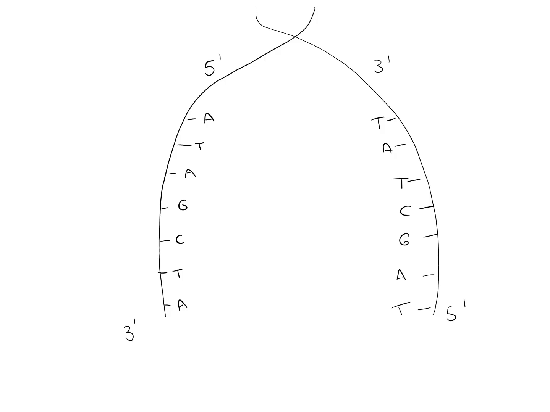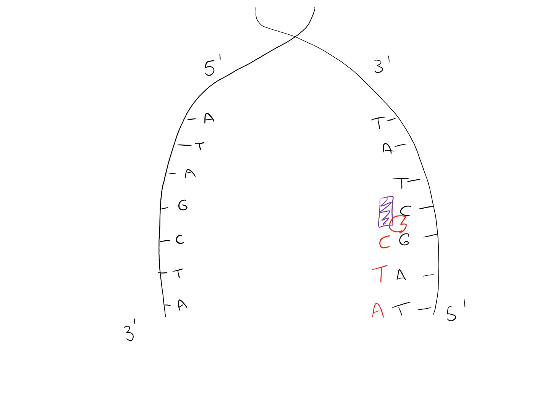We still start off with a primer. So we've got our little primer binding there, and again that's going to allow DNA polymerase to bind and to start adding those DNA nucleotides to the 3' end of the new strand that is forming.